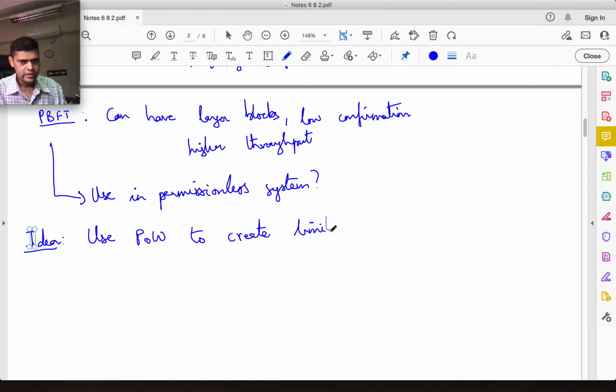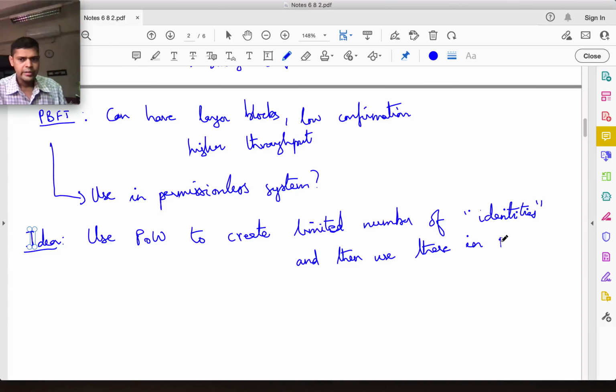So you create a limited number of identities, and then use these in a BFT protocol.